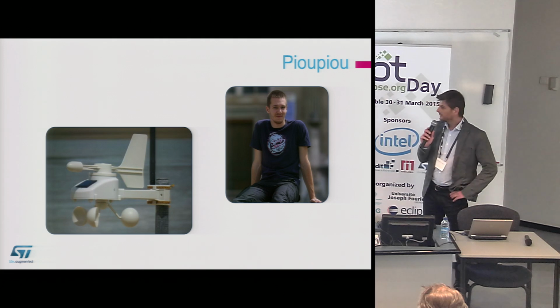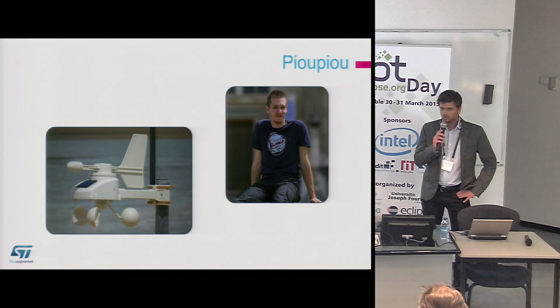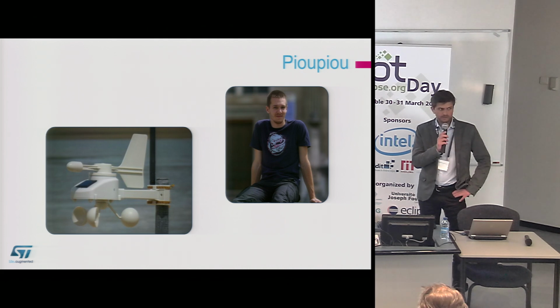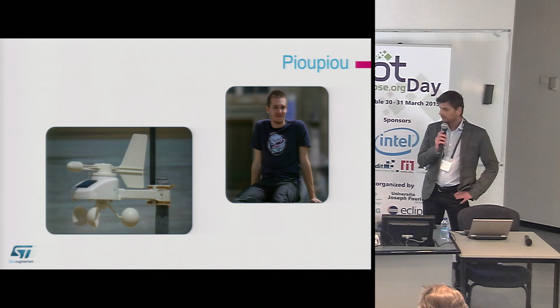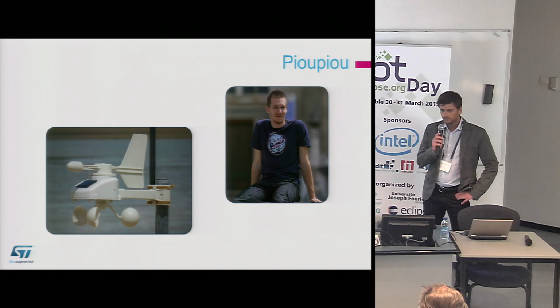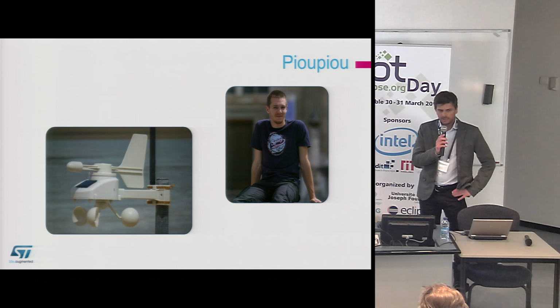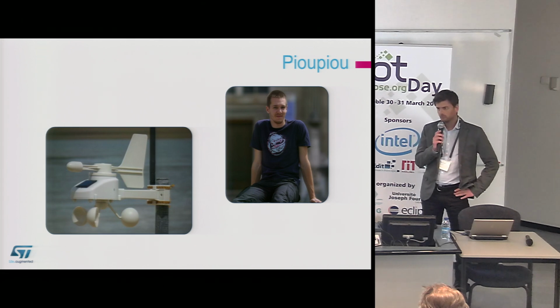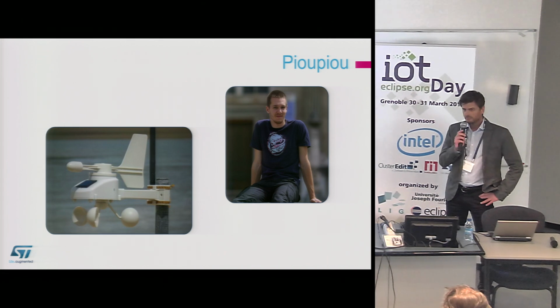This is an example of a connected object. The first one is called Pew Pew. I don't know if you heard about it. This guy is not an engineer, he's simply a pure Grenoble guy. He likes outdoor sports and he likes flying.